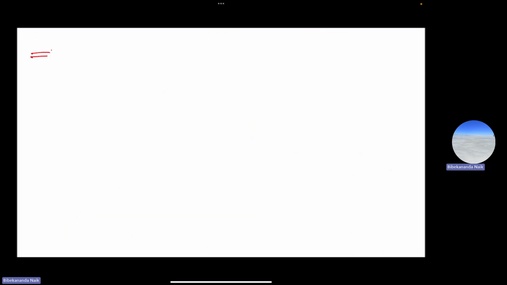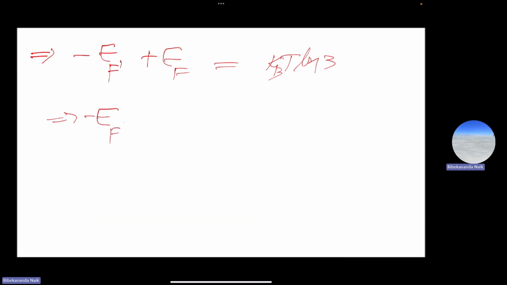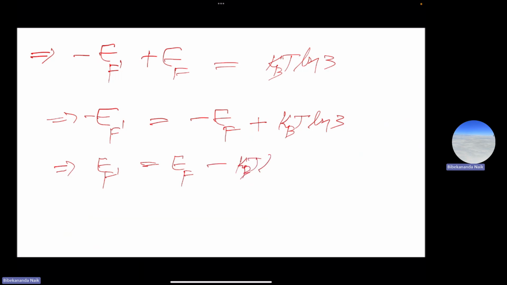So if you calculate, you can easily get minus Ef prime plus Ef equals kBT ln 3. Then minus Ef prime will be minus Ef plus kBT ln 3, then Ef prime will be Ef minus kBT ln 3.